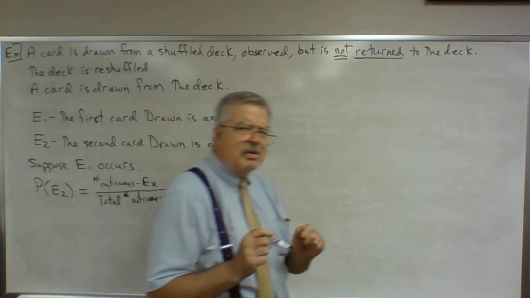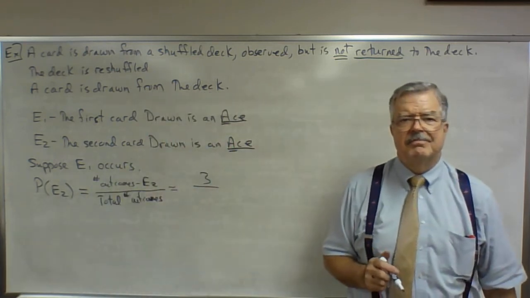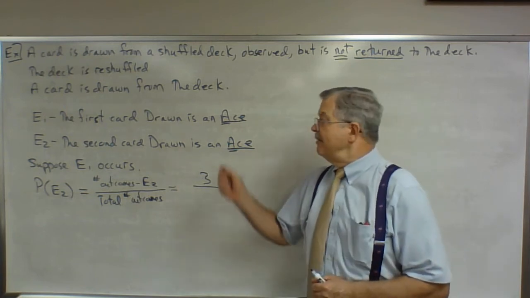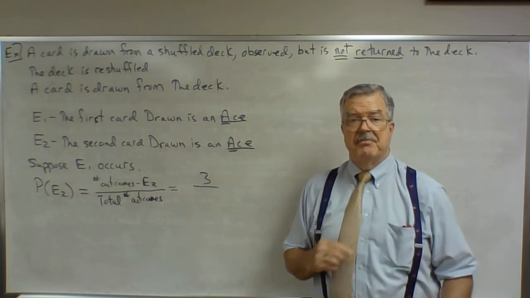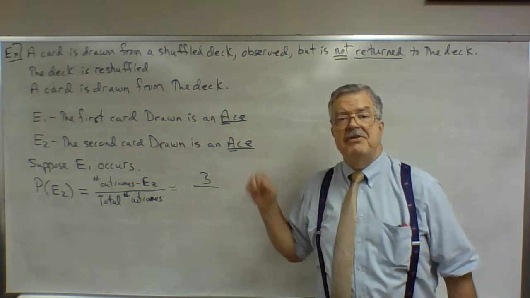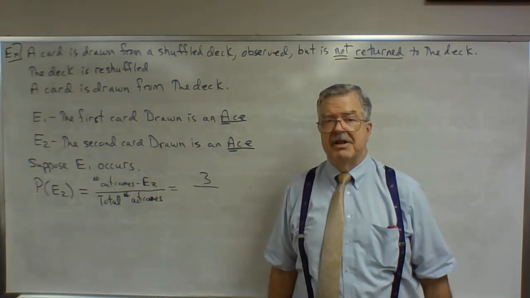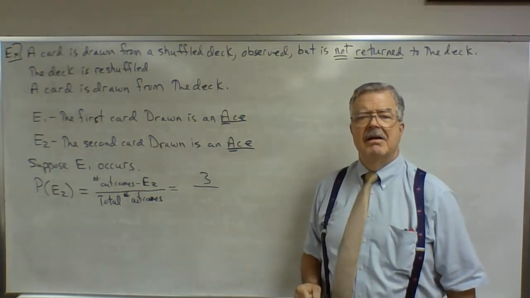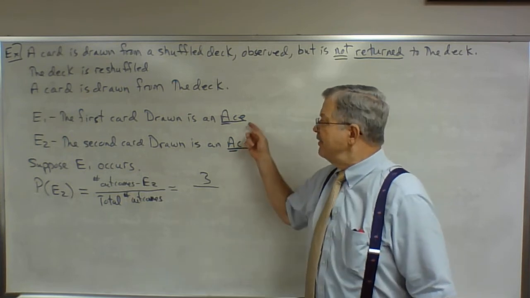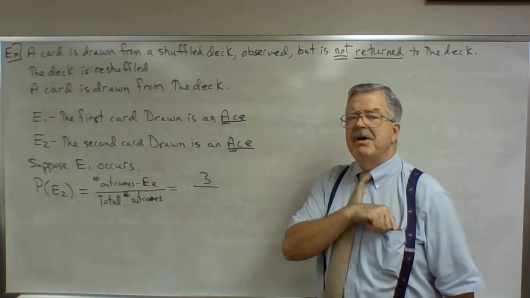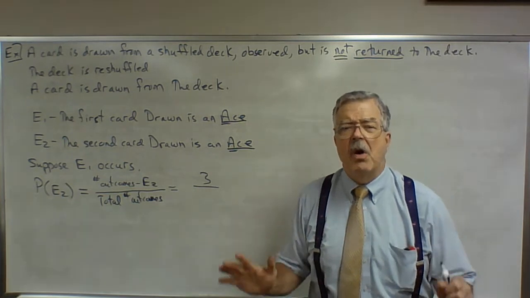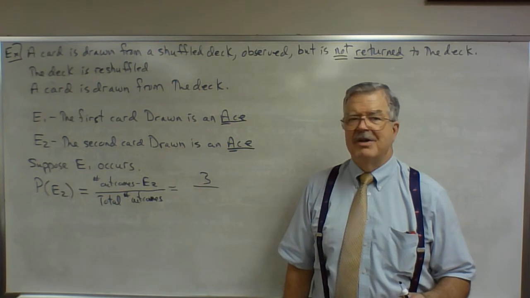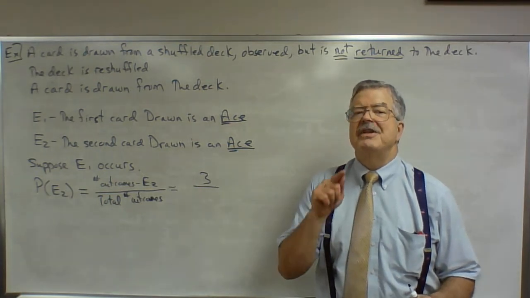Now, is that the only way in which we've changed things? No. That first card that we drew and put in our pocket was one of the 52 cards that was in the deck originally. And we didn't replace that card in the deck. So after we drew that first card, which was an ace, and put it in our pocket, how many cards total were left in the deck? It wasn't 52, was it? It was 51.